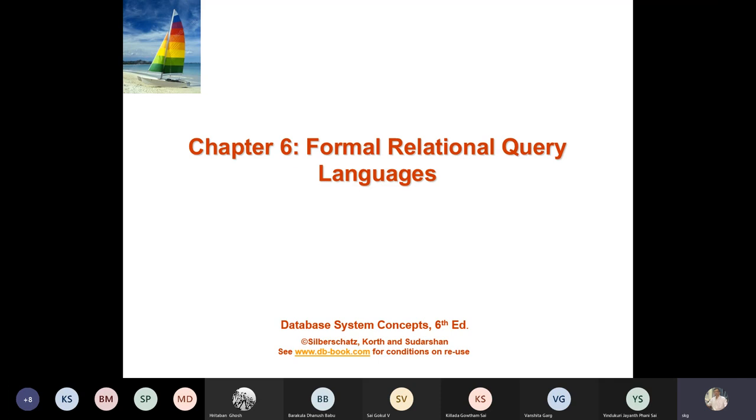of the query. So why are these formal relational query languages or representations required? First of all, once we want to have a set of relations and some overall system in place, we want to have these types of queries answered. So we want to know whether my relations satisfy those queries or not before putting them into the system.